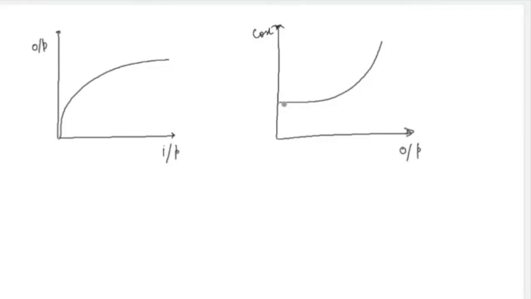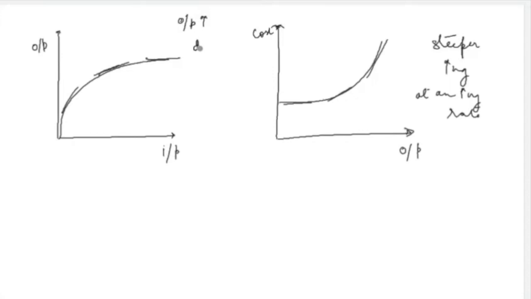But here you notice that the cost is increasing at an increasing rate. The slope of the graph is becoming steeper. So cost is increasing at an increasing rate. And in case of production, the slope was becoming flatter. And we said that the output is increasing, but it is increasing at a decreasing rate.